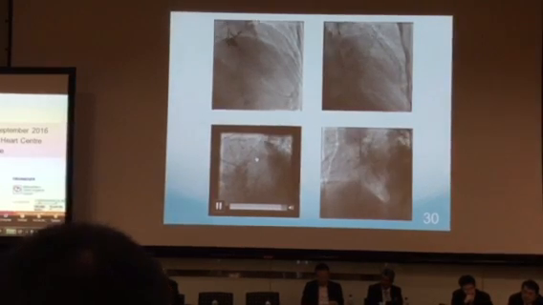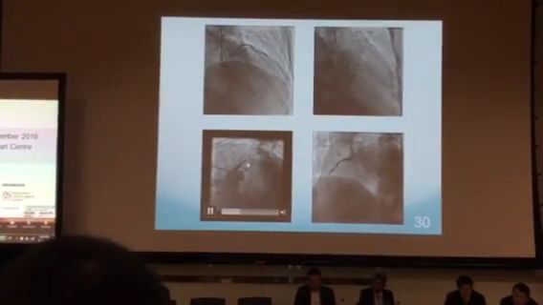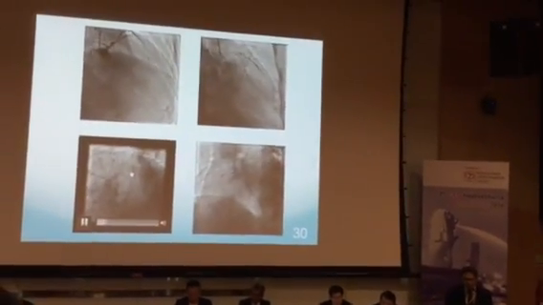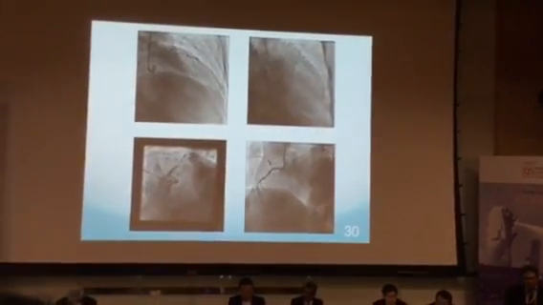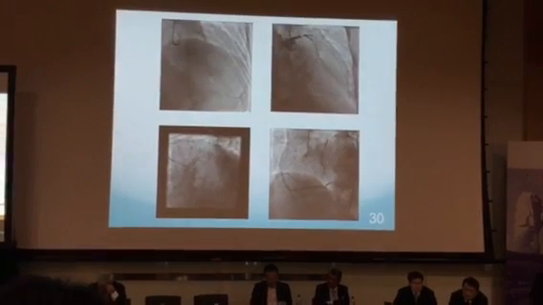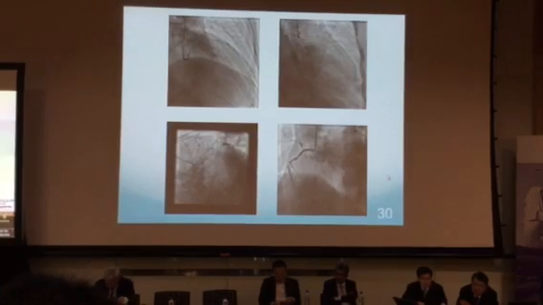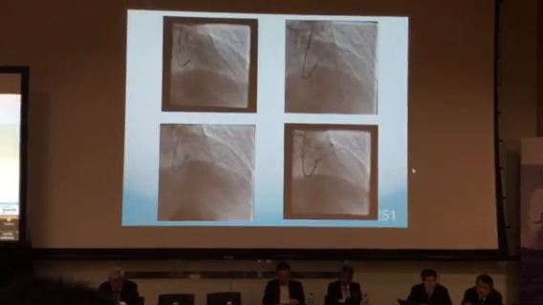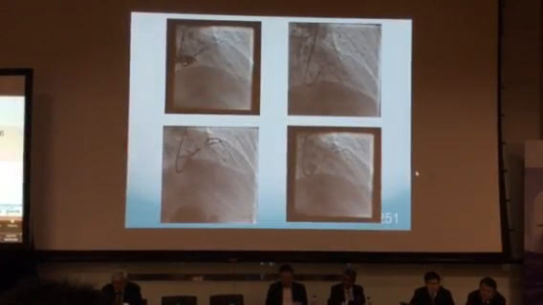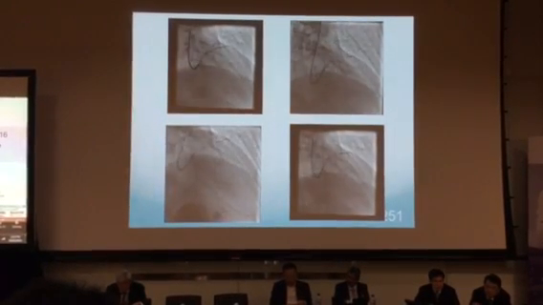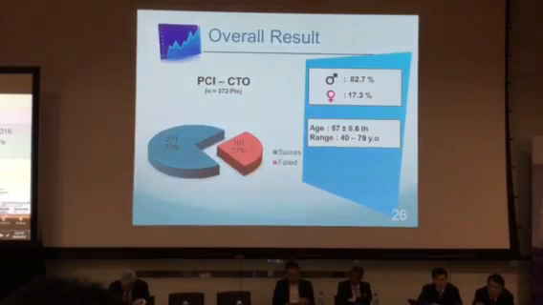In this case, we still try to use a soft hydrophilic wire backed up with a microcatheter to find the entry point. Once you find the entry point, the rest of the procedure will be very easy. We used two wires here, and all of them were Runthrough Hypercoat.